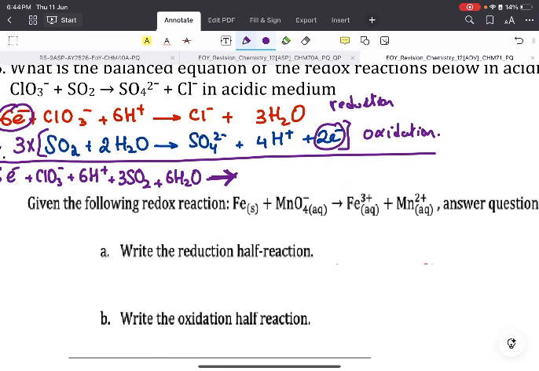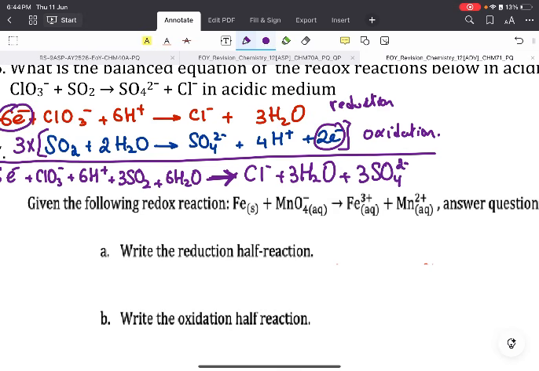I have Cl minus and 3H2O and 3SO4 2 minus, and 3 times 4, 12H plus, and 3 times 2, 6 electrons.